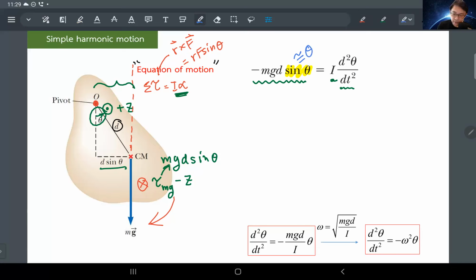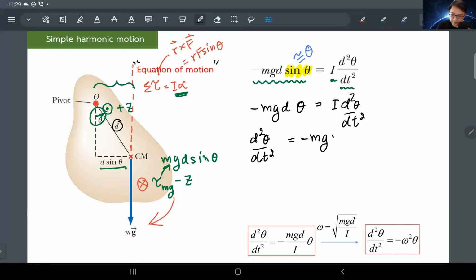So my equation will look like, let me do it in steps here: negative mg d theta equal to I d2 theta by dt2. And now it's sweet. So I can rearrange the terms. I can put my d2 theta by dt2 on one side and move everything to the other side.